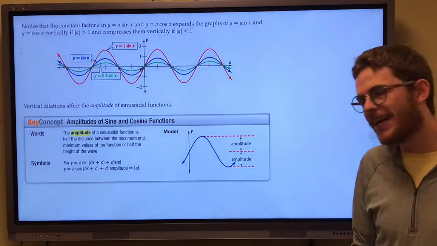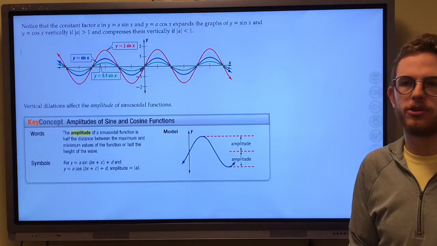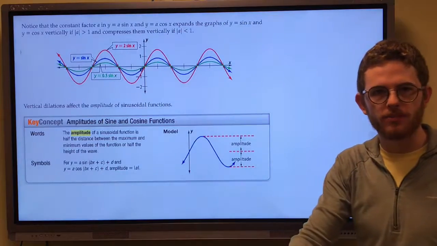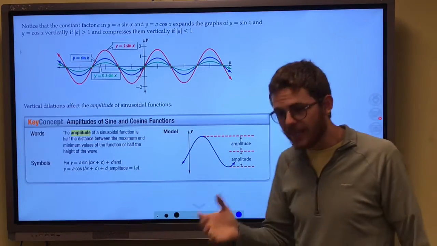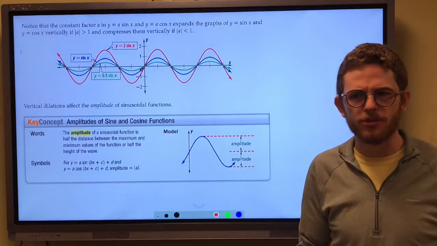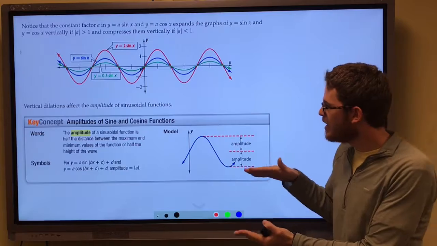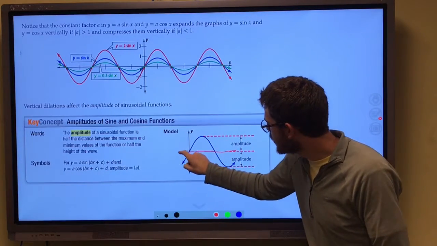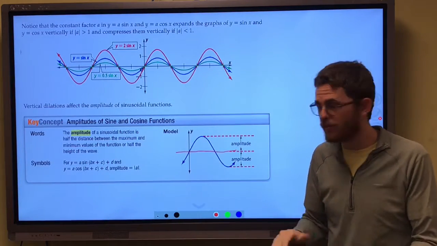All right, today we're going to be looking at the amplitude, thinking about that word amplitude and how it applies to actual sine and cosine functions. So the amplitude, and we've mentioned this in the previous video, is the distance between that middle line that cuts one of these functions in half.